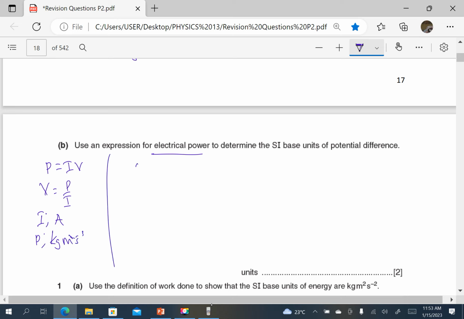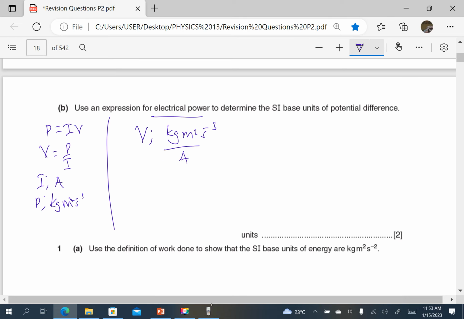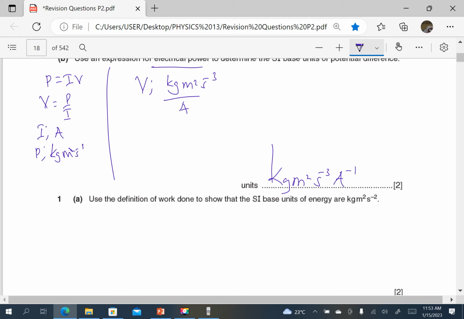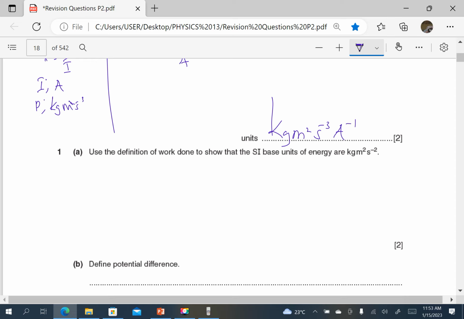So it means the base units of V will be power, which is kilogram meters squared per second cubed, divided by ampere, which gives us kilogram meters squared per second cubed per ampere as the base units of potential difference.